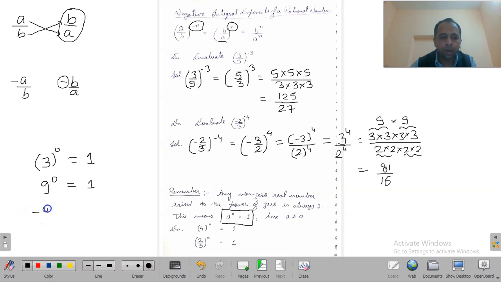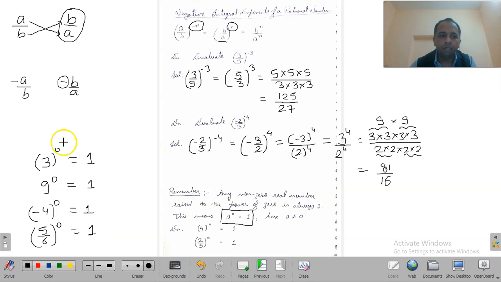Minus 4 to the power 0 is also 1. Minus 4 to the power 0 is always 1. Then 5 upon 6 to the power 0 is again 1.